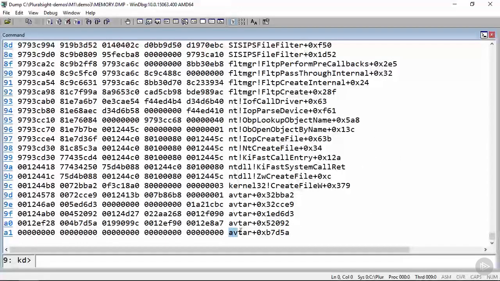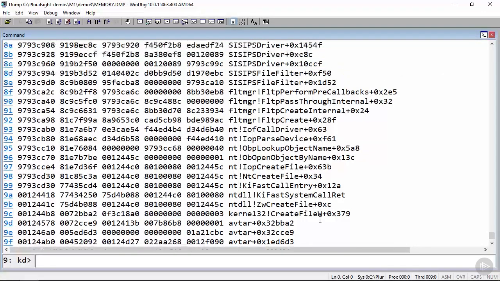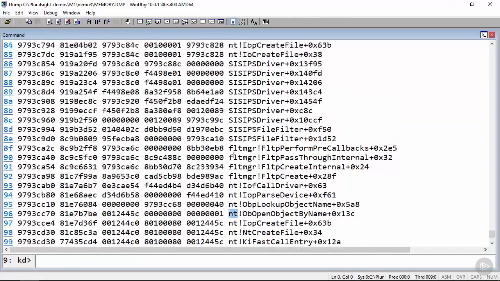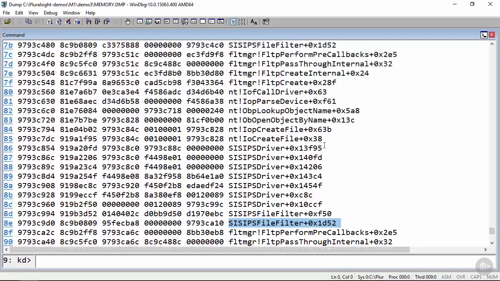It was running in this AVTAR program, and that essentially handed off control to the kernel, which is the nt!. Then it brought in the filter manager, which started executing this SIS IPS file filter. And you can see that it's executing this driver quite frequently.